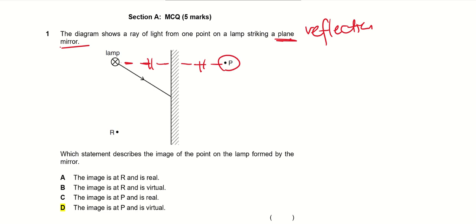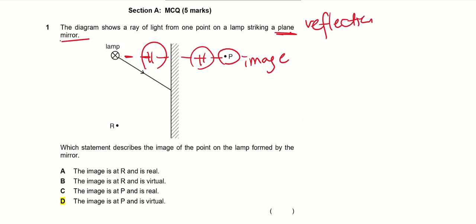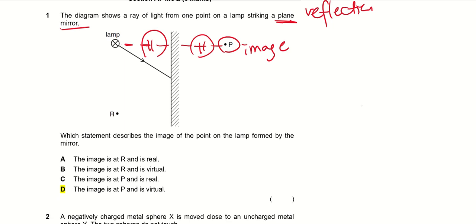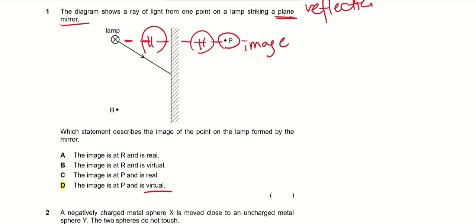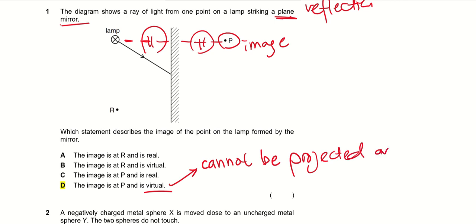This is where the image will be. Take note that it must be equal distance. Because there's nothing behind the mirror really, it is going to be virtual. Meaning of virtual is that the image cannot be projected on a screen.